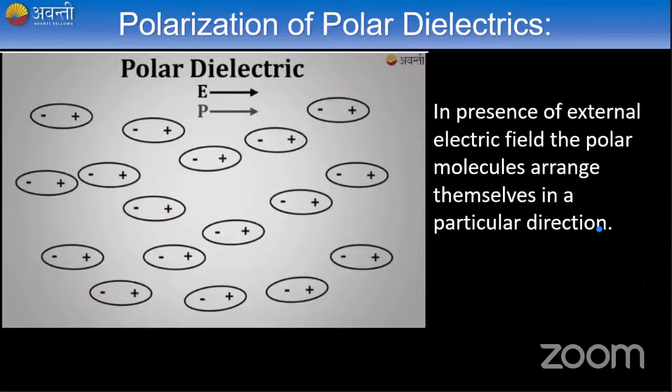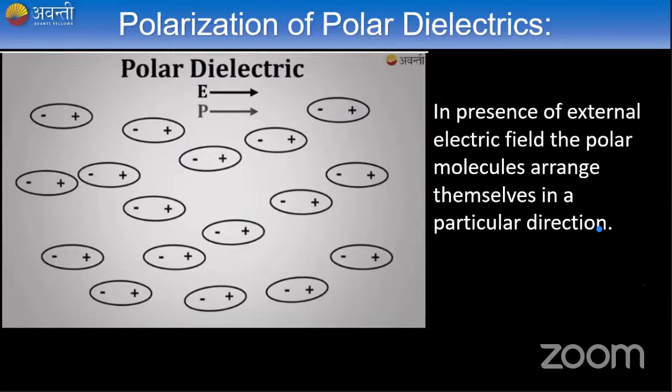Say in this case, it aligns along the direction of my electric field. All the atoms will align themselves in a particular direction. Okay, so this is much of it in the polar dielectrics.